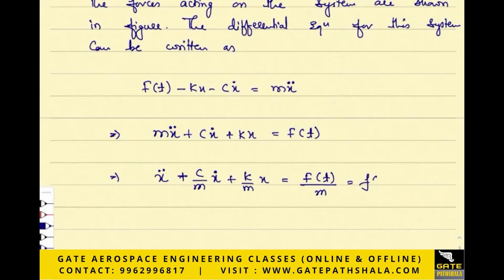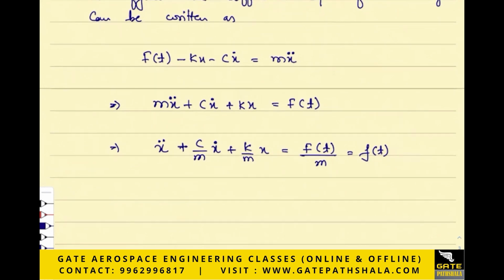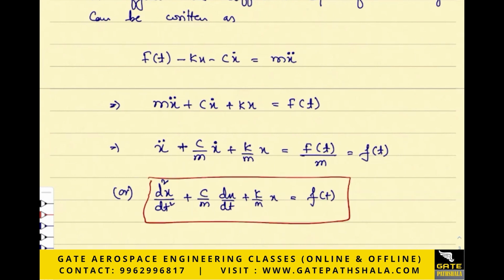Let this be small f of t. You can write x double dot as d square x by dt square, plus c by m into dx by dt plus k by m into x equals f of t. Bracket this equation, name it as equation number 1.